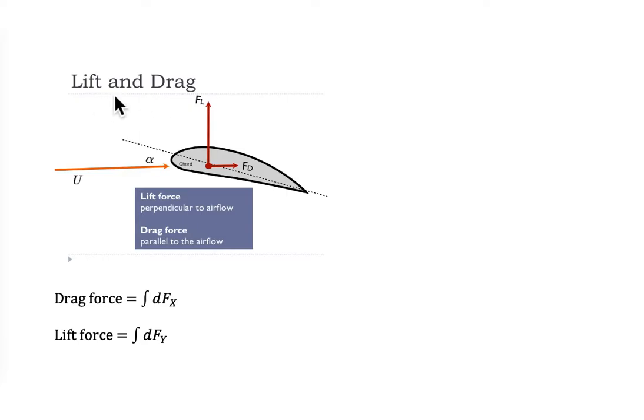So what is lift and drag force? Lift force is actually a force that acts on certain object here in the y-axis, while drag force is the resistance acting on this object on the x-axis. So it could be simplified like this diagram.